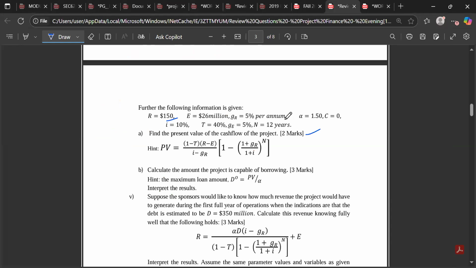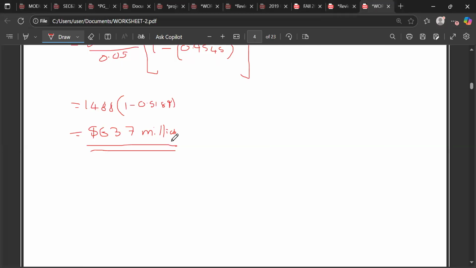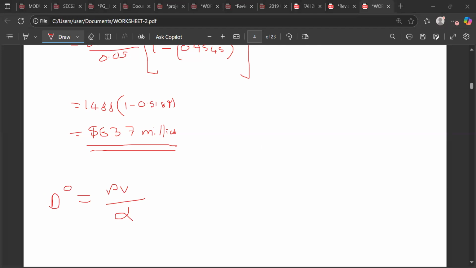So I look at the maximum loan amount, which is given by this formula: D0 is equal to PV over alpha, where the present value is the one we found previously. If this one is not okay, everything else becomes a bit shaky. This is the 3-mark question: solving is 2 marks, and interpretation is the other part.